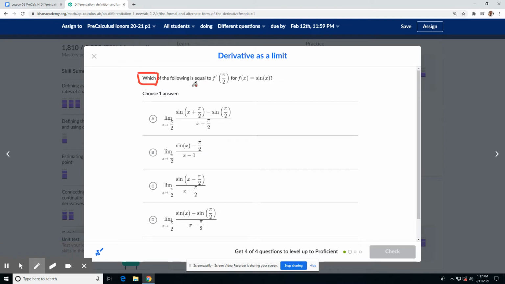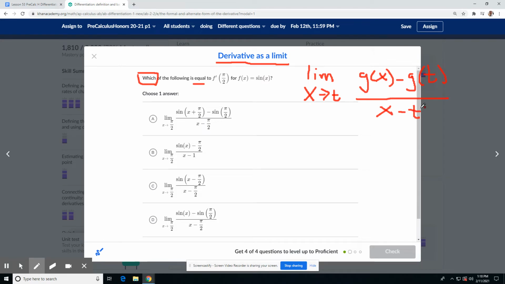Which of the following is equal to f prime of pi over 2 for f of x equals sine of x? And then as we look here, we can see that now we have x going to a value. So as always, we want to write down our foundation. The foundation is the limit as x goes to t of g sub x minus g sub t, and then on the bottom, we have x minus t.